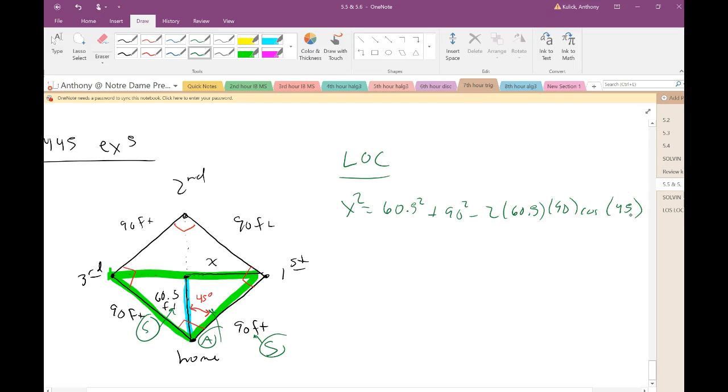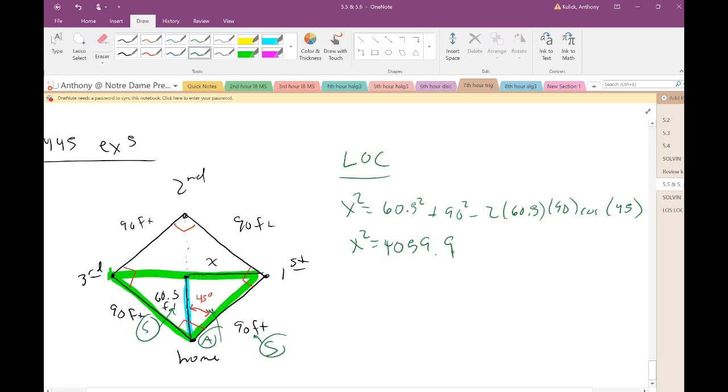So, calculator time: 60.5 squared plus 90 squared minus 2 times 60.5 times 90 times cosine 45. That gets me approximately 4,059.9.